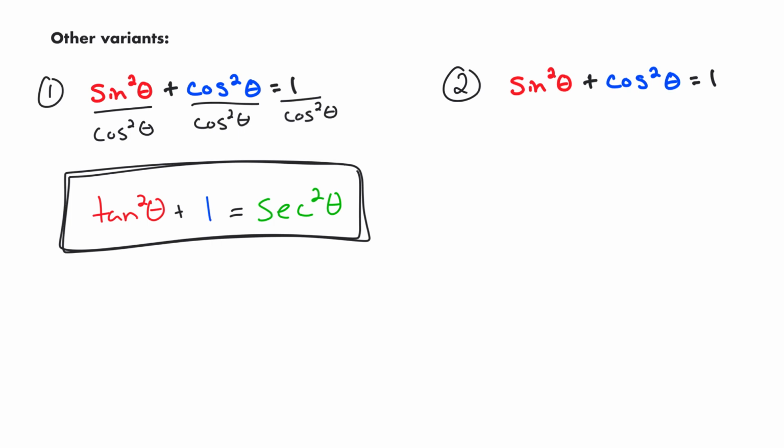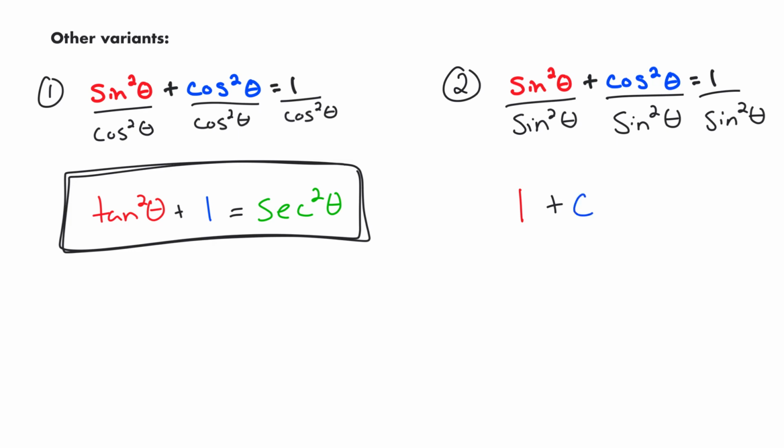And then you can probably figure out what I'm going to do in problem number 2. Problem number 2, I am going to divide everything by sine squared. Because if I divide everything by sine squared, then I'm going to get another variant that's going to encompass the last 2 trig functions we haven't talked about yet. Sine squared over sine squared is equal to 1. Cosine squared over sine squared is equal to cotangent squared.